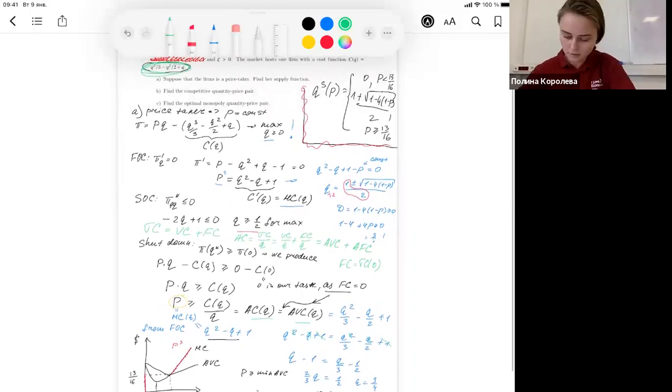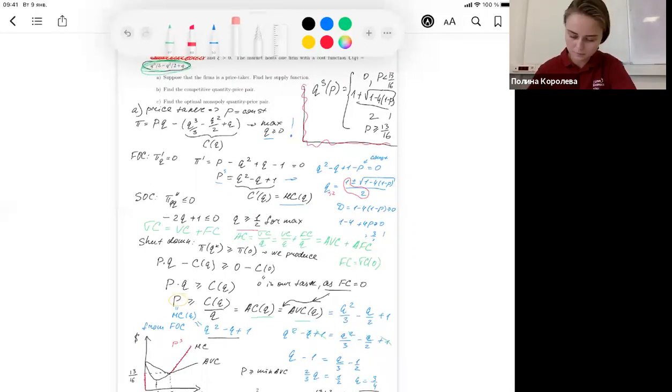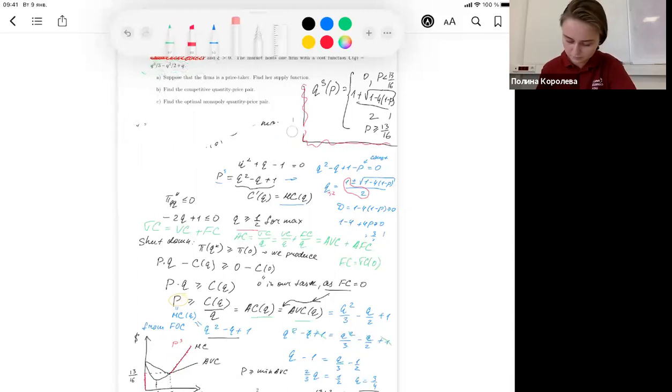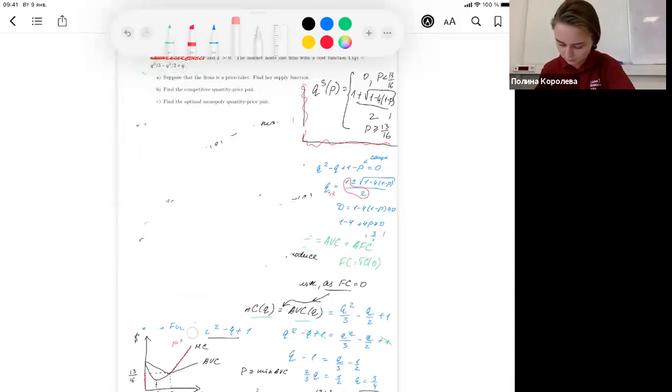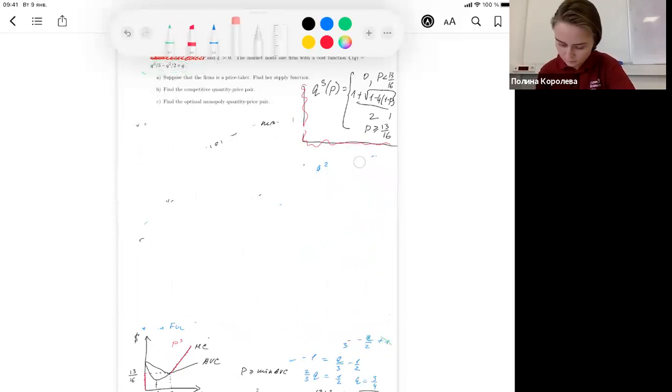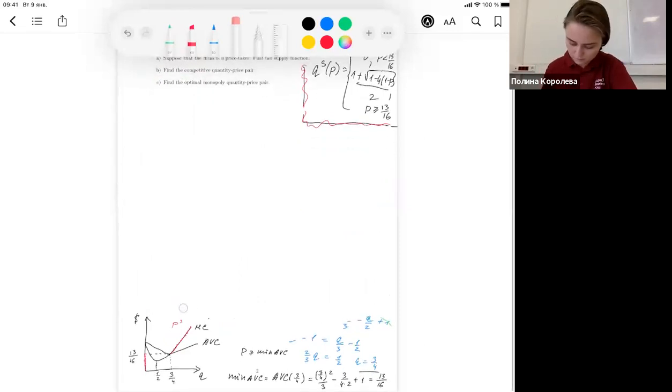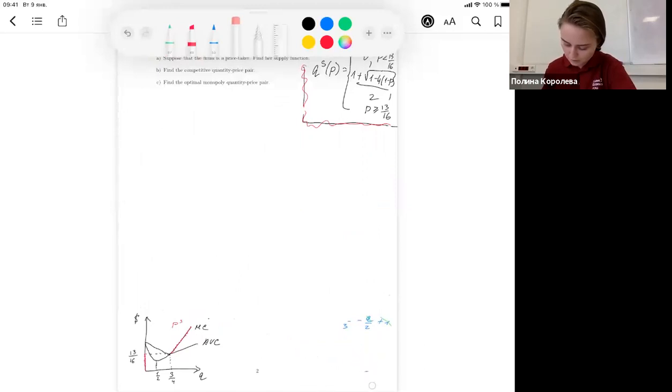I will erase all these. In point B, we should find the competitive quantity-price pair, what that means.